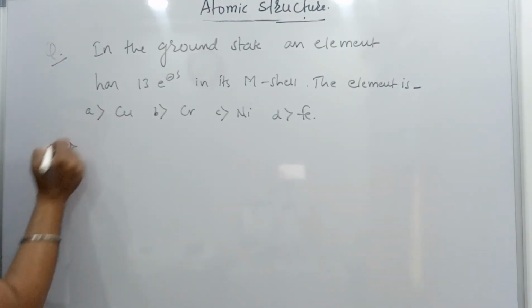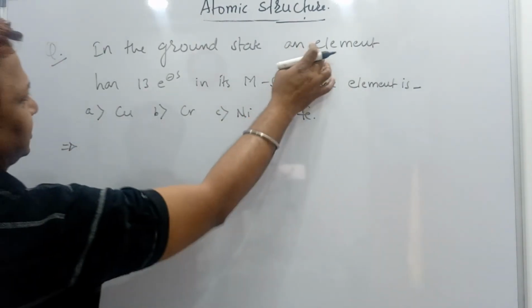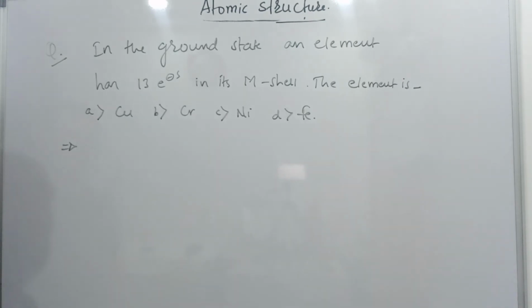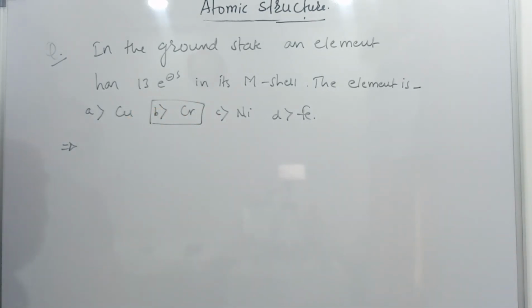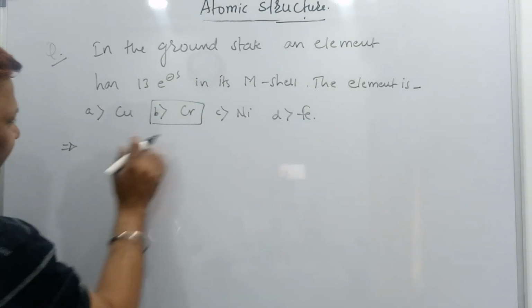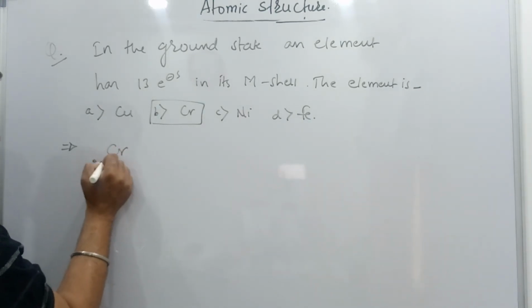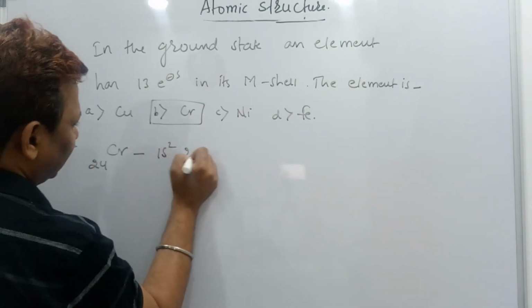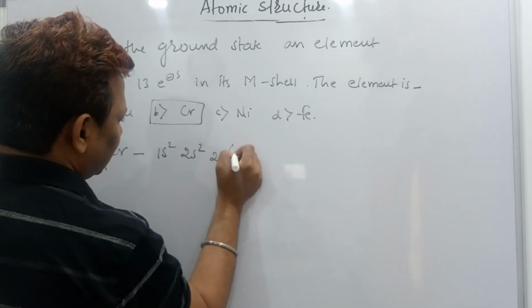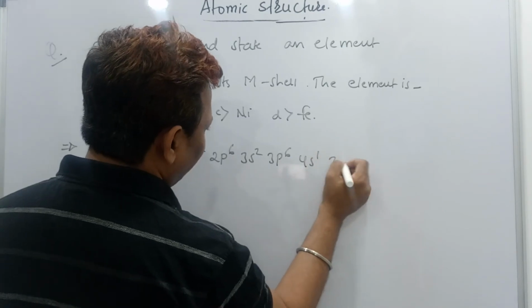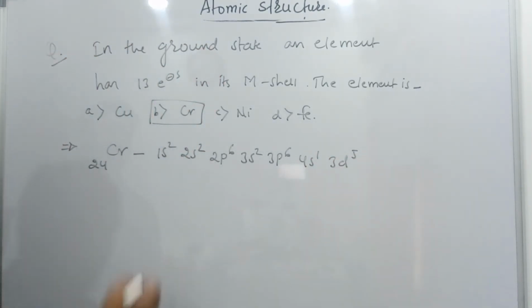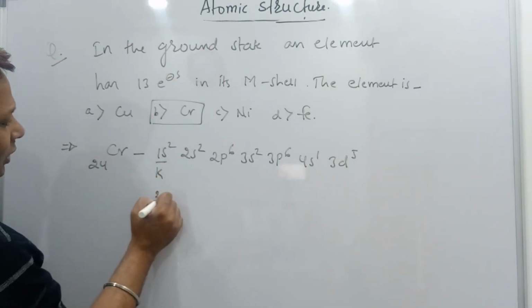Let's try the first one. In the ground state, the element has 13 electrons in the M shell. I will go with chromium only, because I remember 4s1 3d5 is the last configuration we had. Chromium, atomic number 24, 1s2, 2s2, 2p6, 3s2, 3p6, 4s1, 3d5. This is the K shell, 2 electrons.